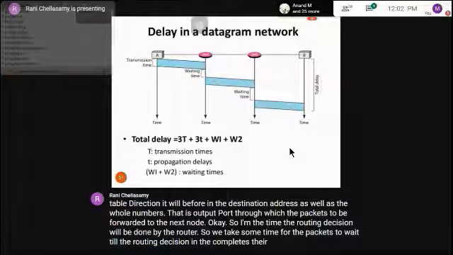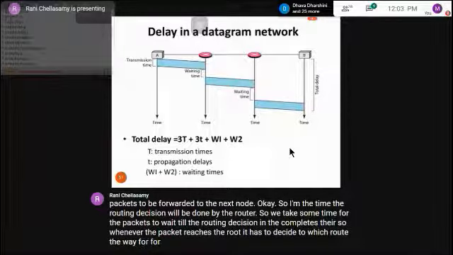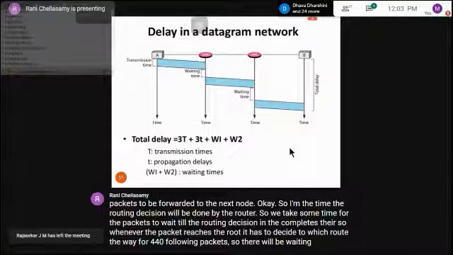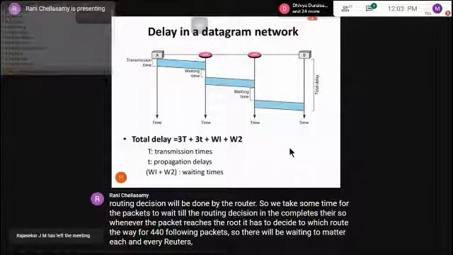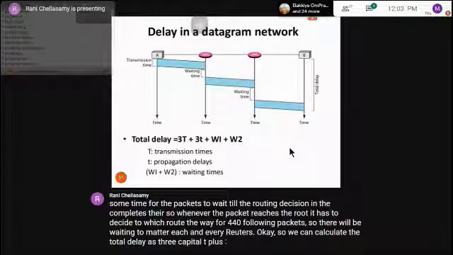Whenever the packet reaches the router, it has to decide to which route the following packets are to be forwarded. So there will be a waiting time at each and every router. We can calculate the total delay as 3T plus 3t plus W1 plus W2.